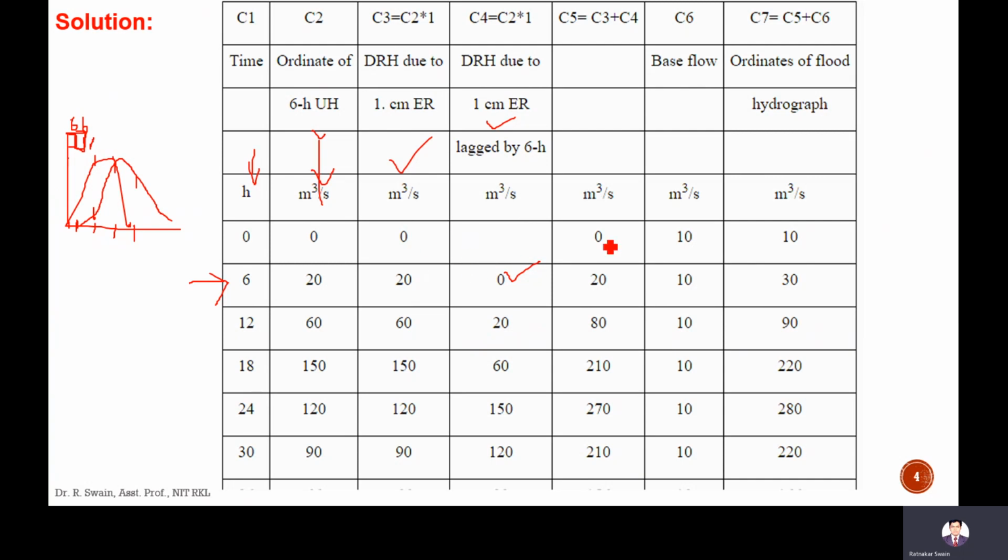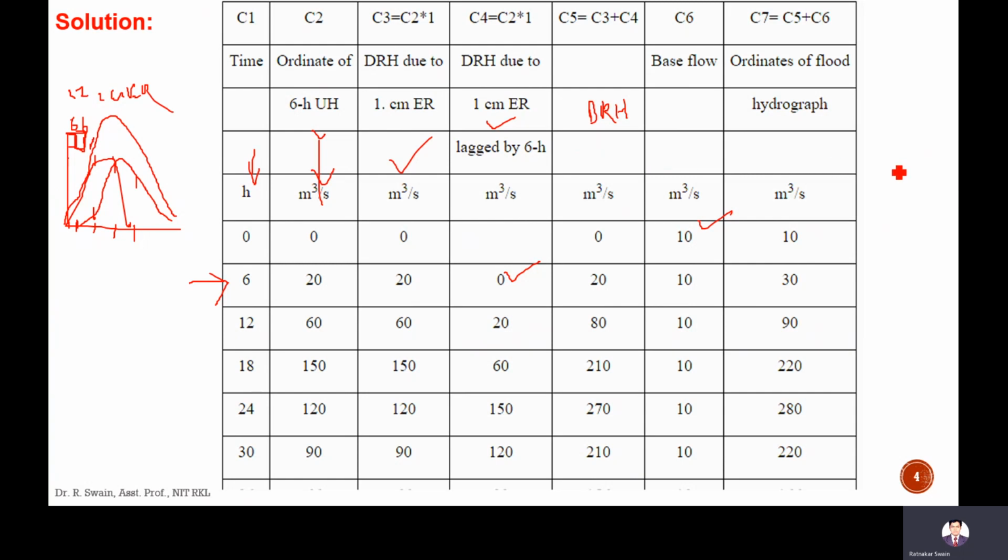If we add these 2 columns, we'll get the unit hydrograph of 12-hour duration, total 12 hours and 2 cm excess rainfall, 1 cm plus 1 cm. Base flow is 10 meter cube per second, which is constant. This is the DRH.